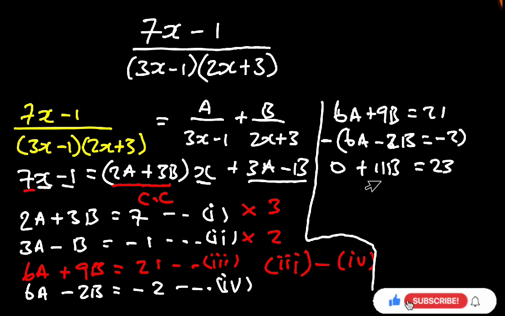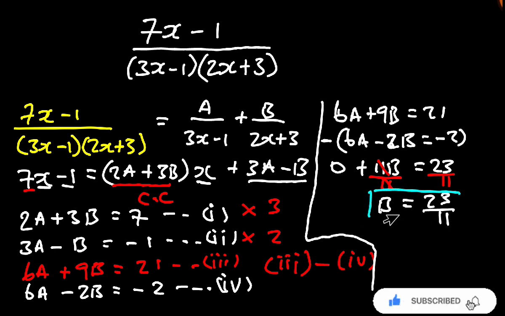So let's divide both sides by 11 to get rid of 11 from the left hand side. So this and this will cancel, and then we have that our b here is equal to 23 over 11, and this is the value of b.